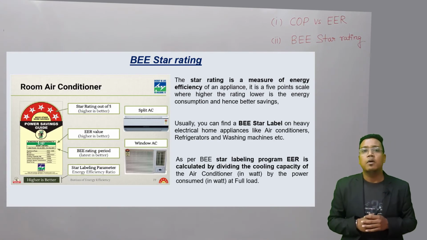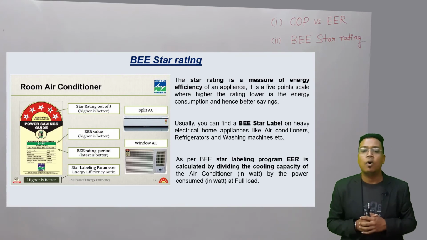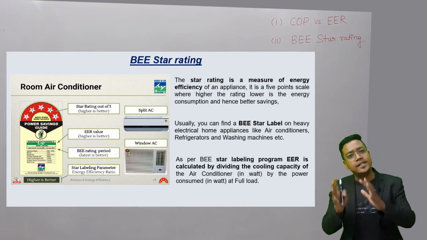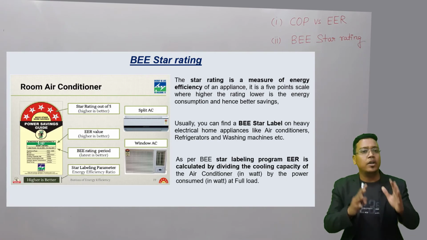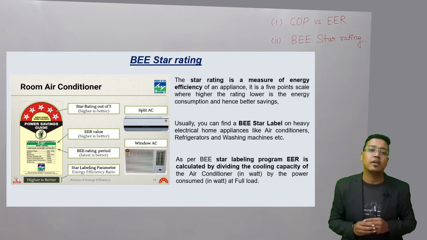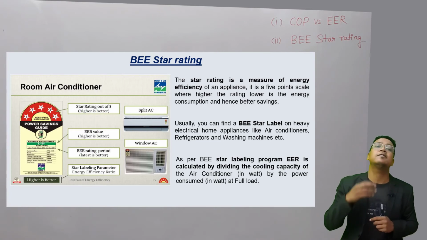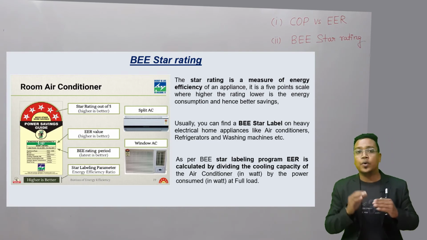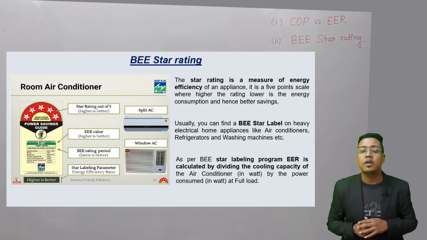That means the more the stars, the more the performance of the appliance. The more the efficiency, the more the performance, which means the consumption of power is very less, which means savings are more. Understood? So now you can understand how important the star rating is.